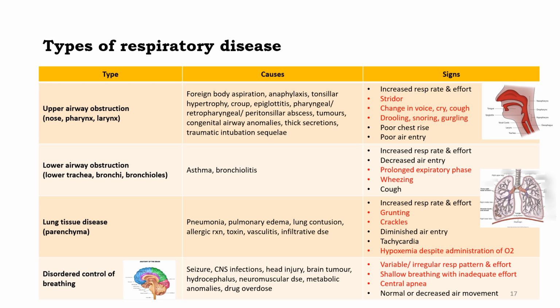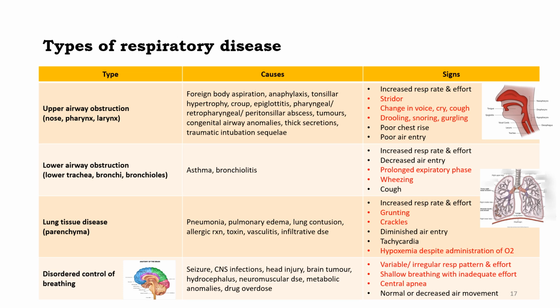Lung tissue disease, which is the actual parenchyma, most commonly is affected in pneumonia, then other conditions like pulmonary edema or a lung contusion after trauma. So in this case, you will be getting the classic pneumonia picture with grunting, crackles, and hypoxemia despite administration of oxygen. Basically, the lungs are injured or inflamed, so the oxygen is not getting absorbed well enough.